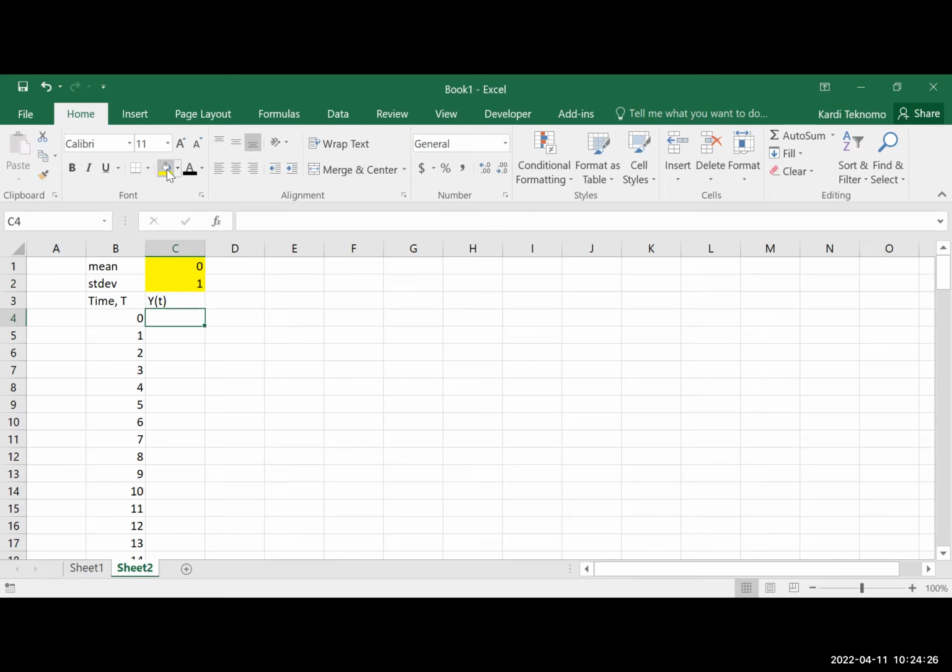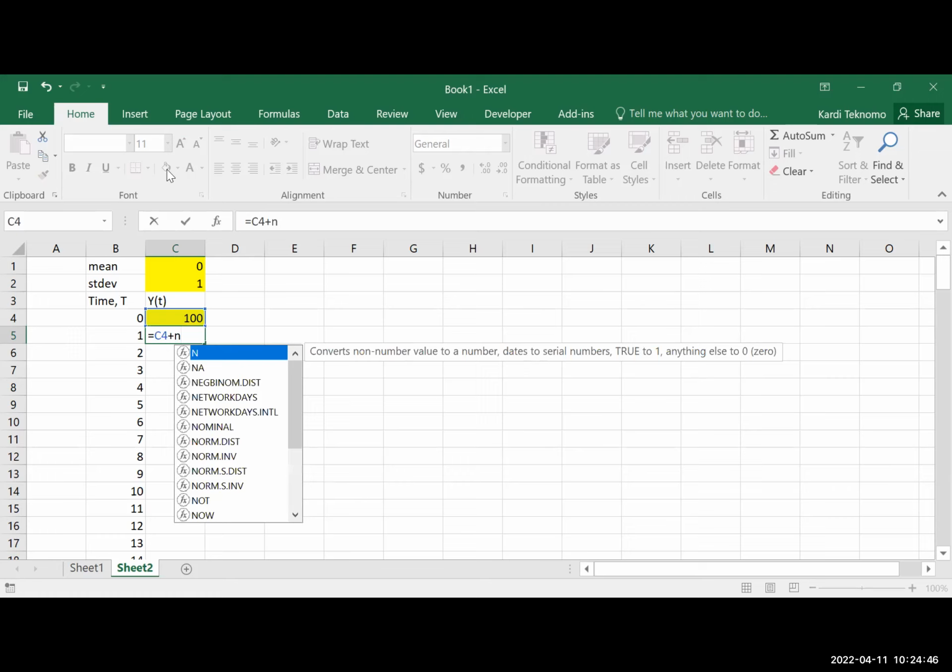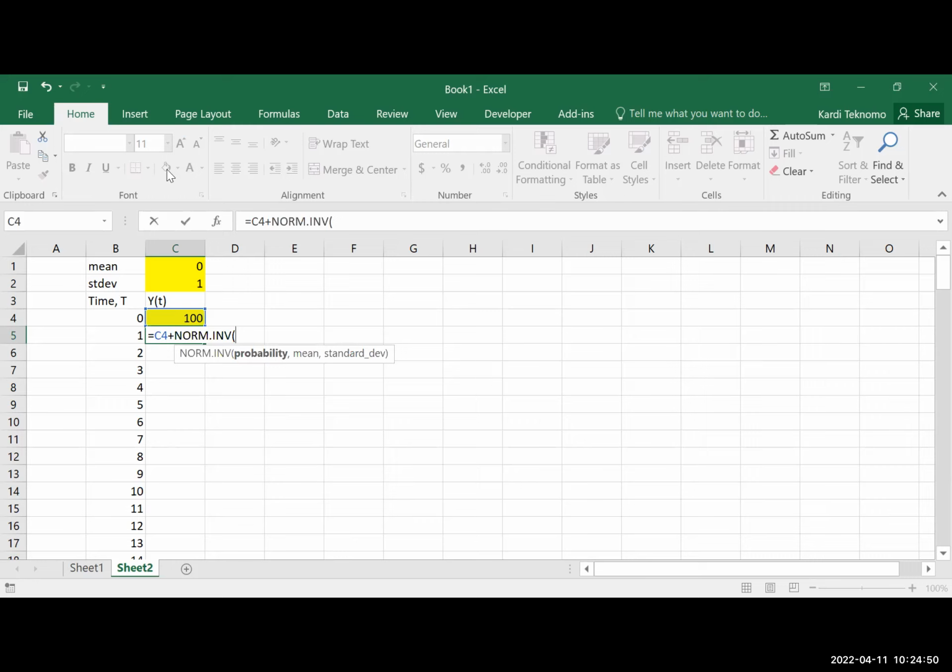And this time, I will put 100 here as initial value. And then I will put the previous value, plus norm inverse, right, of random of that mean and that standard deviation.